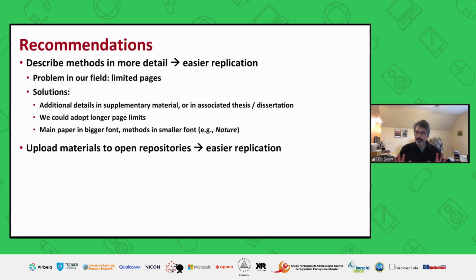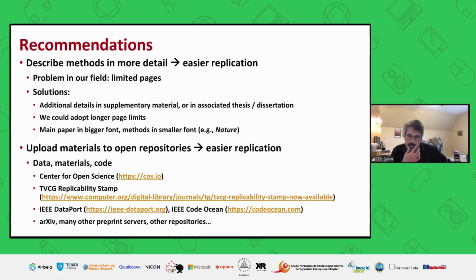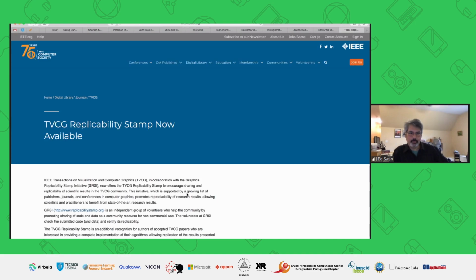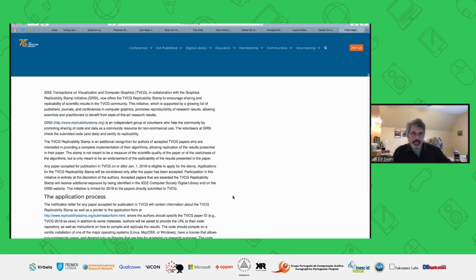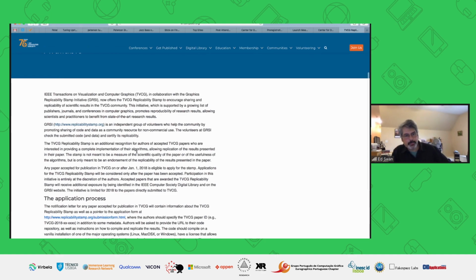There is a big push, including at TVCG and IEEE, to upload materials to open repositories. This would include data, materials, and code. There is the Center for Open Science that I just showed you. There is also the TVCG replicability stamp. The idea is that your TVCG paper would have a stamp on it saying it's repeatable.